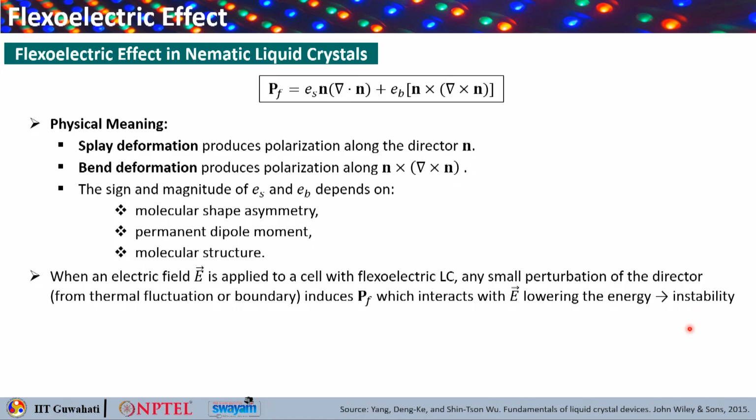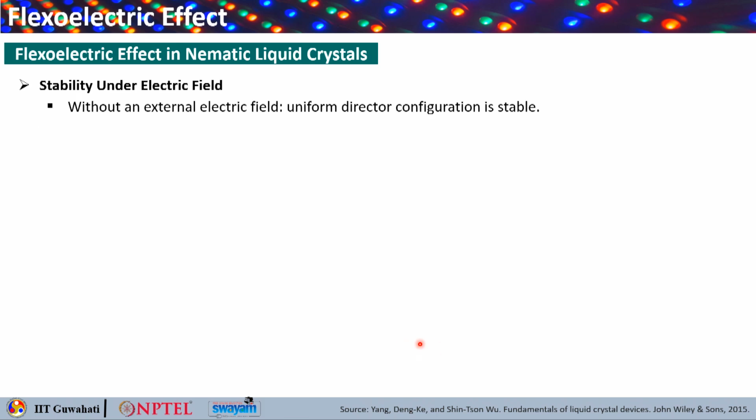So that may lead to instability. The interaction energy with an electric field E can be written as minus PF dot E, because polarization and electric field are in vector form. So how do you compute the stability under electric field?